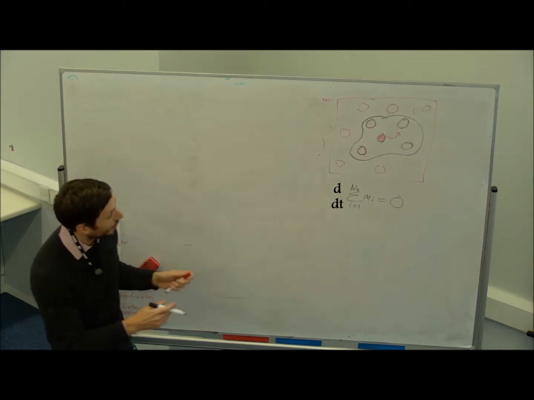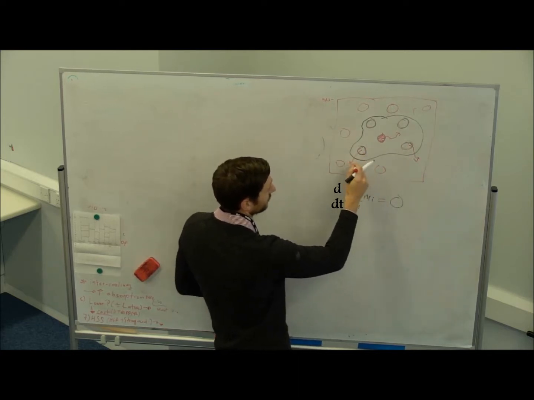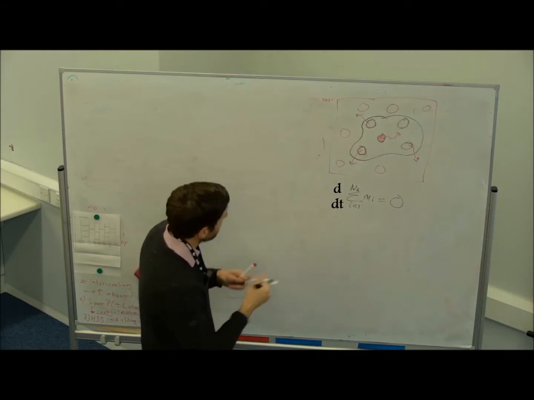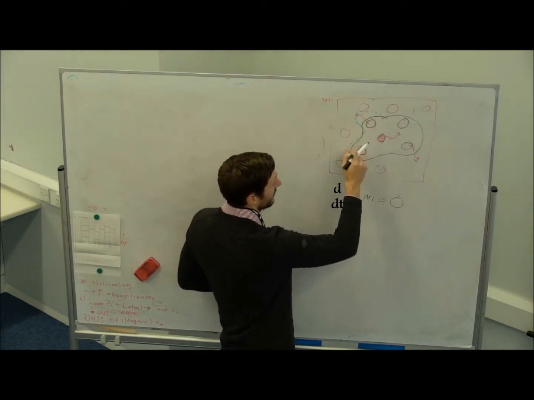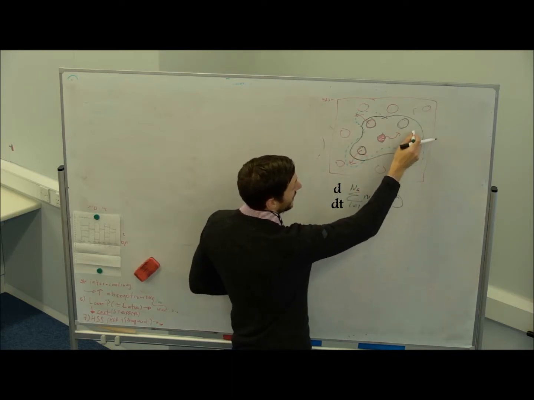Exactly, yeah. So what will happen over time is these molecules will all move around. And then what you'll see is that effectively this volume, from that time to a later time, if you had to draw a volume around them, for example, would change in shape.